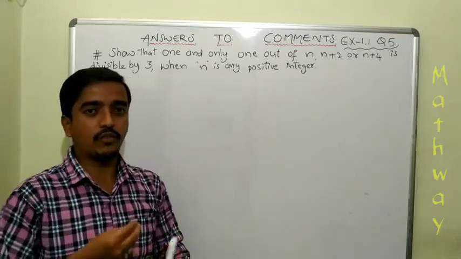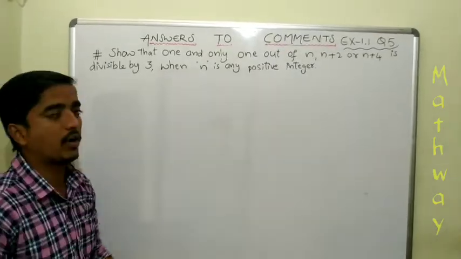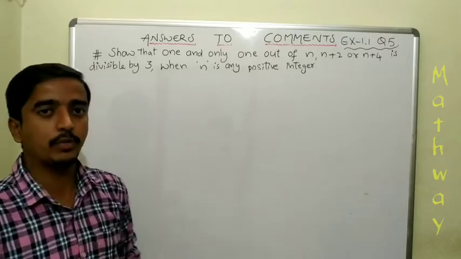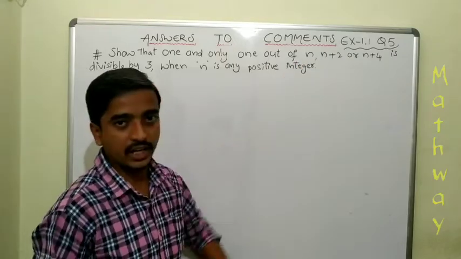Let us see which number is going to be divisible by 3. To solve this we have to use the Euclid division lemma. The Euclid division lemma is a equals to bq plus r. Here a is the dividend, which we can take as n.